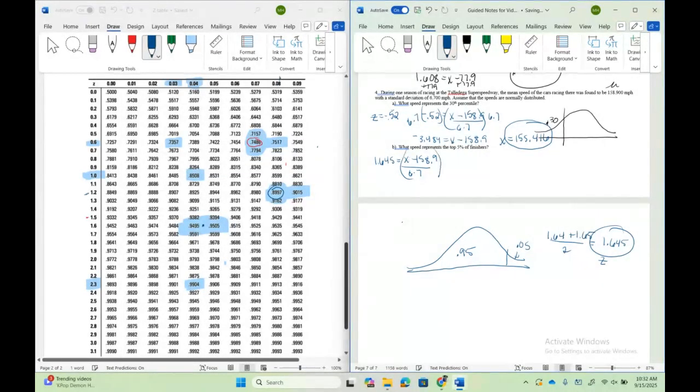We multiply, and then we add 158.9 to each side. So our final answer is 169.9215.